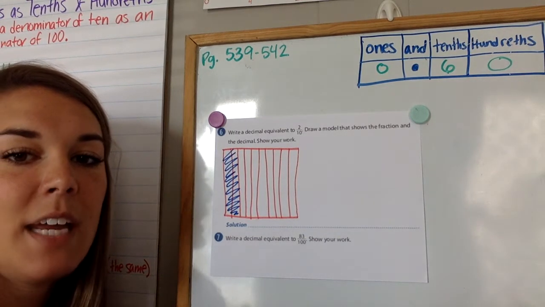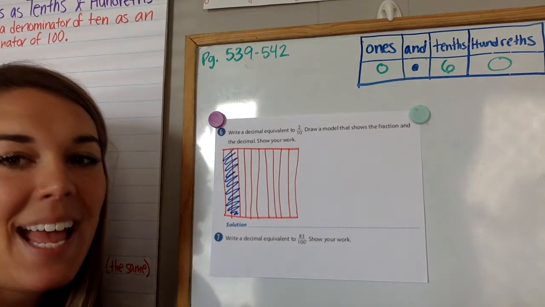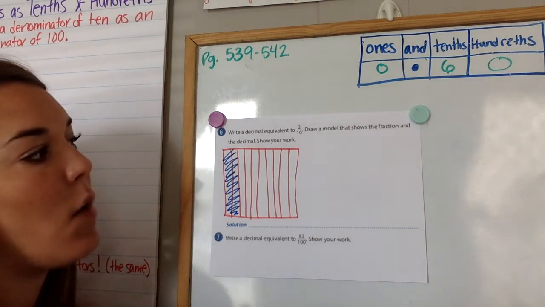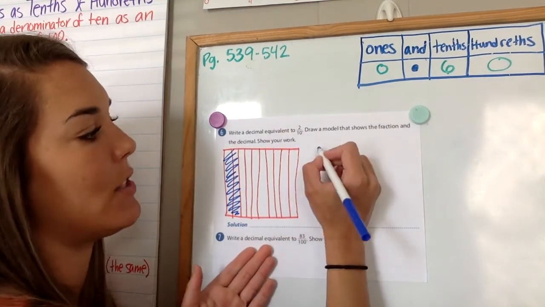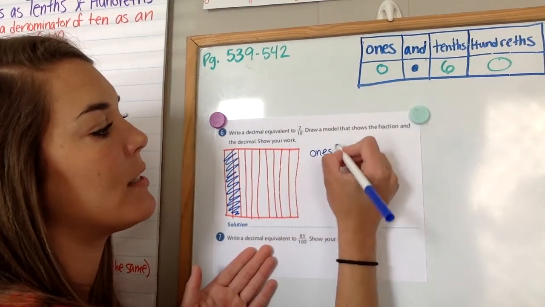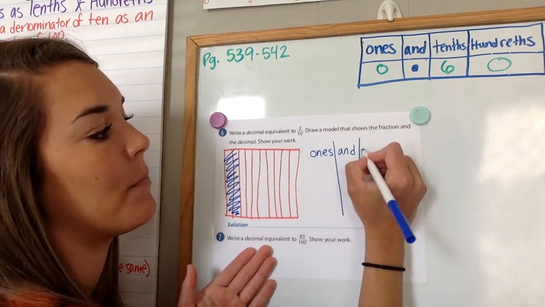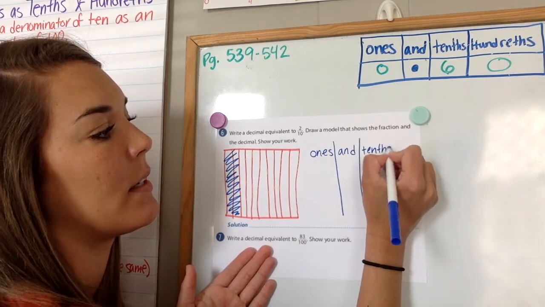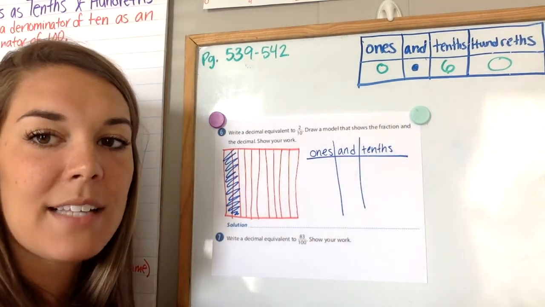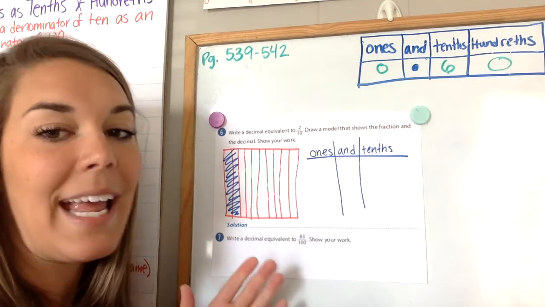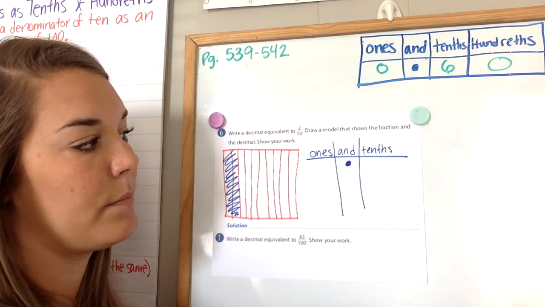Then I need to write it as a decimal. So I have 2 tenths. So for this, I'm also going to write my little ones and tenths, okay? So I want you to do this. Ones, just put a line down, and put a line down, tenths. You can put a line underneath too to make it neater. Okay, that's how it's going to go. We know our and means decimal, so we're going to put that in.